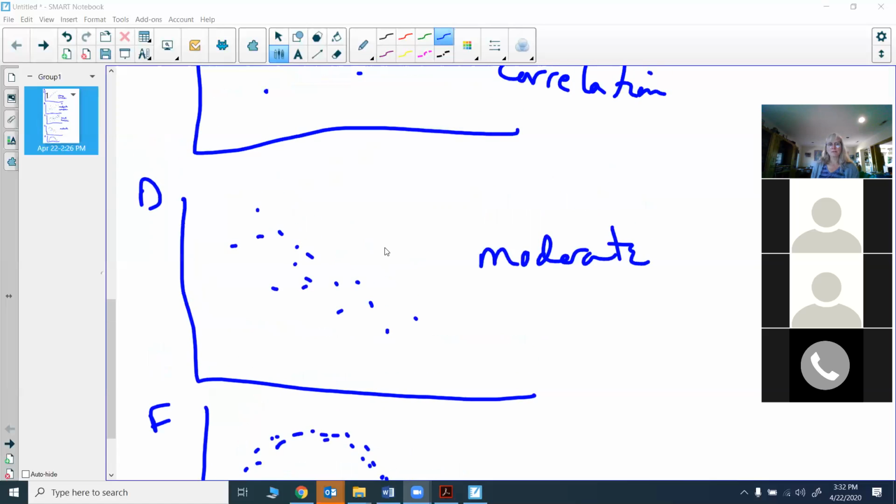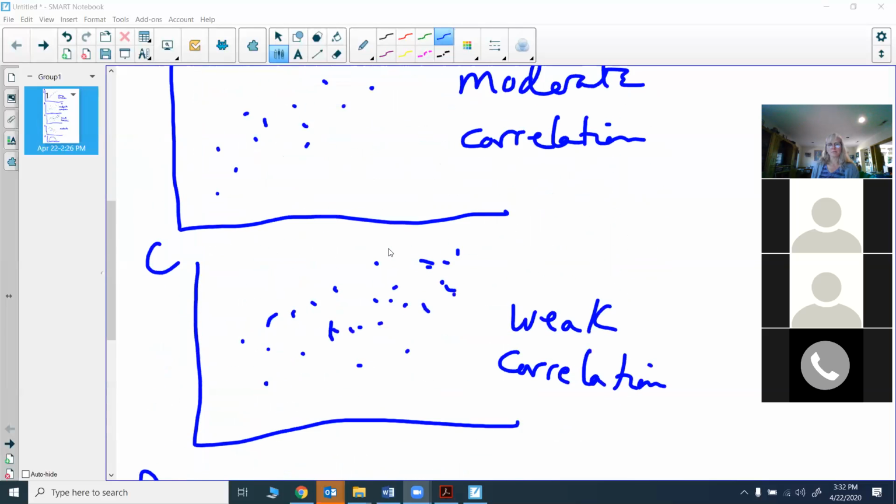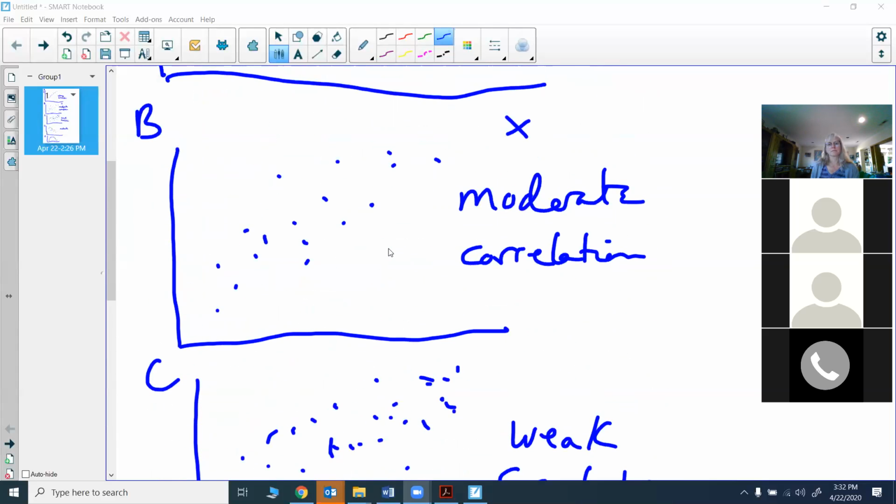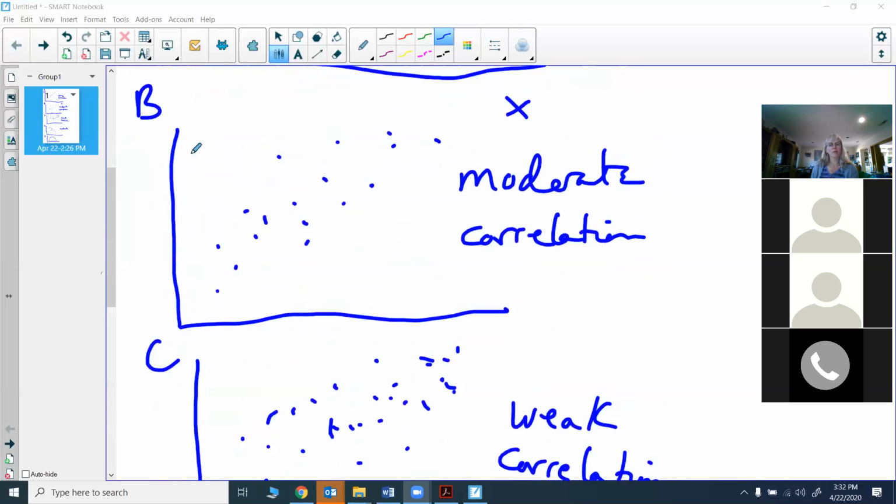Now, how is this D moderate different from this B moderate? Let's go in the opposite direction. So what do we call this one? If as X is going up, what's Y going to do? So would it be moderate positive correlation? Yeah, this one is positive. So we would say moderate positive.